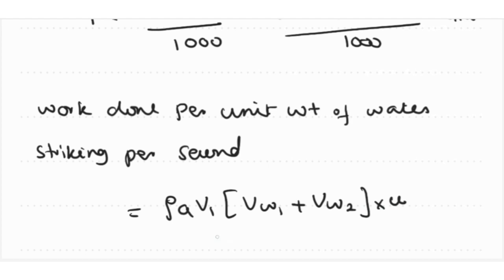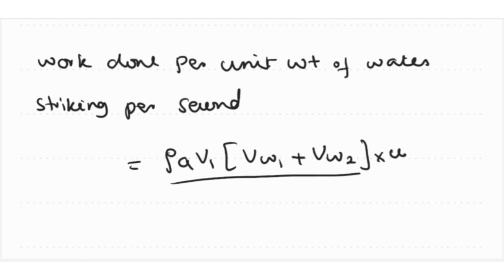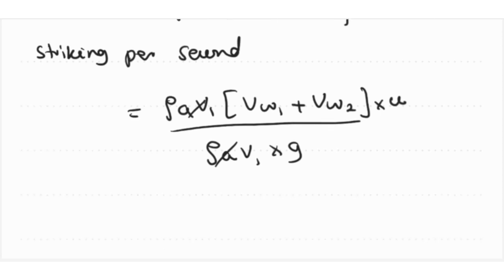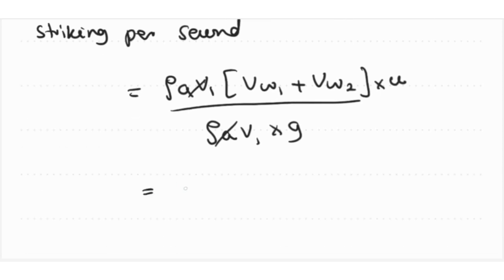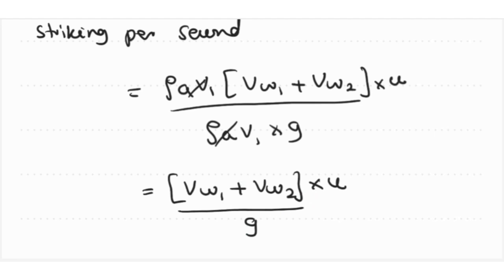Since we are calculating per unit weight, we have to divide it by rho into A into V1 into g. This will get cancelled, so the remaining is (Vw1 plus Vw2) into u divided by g.